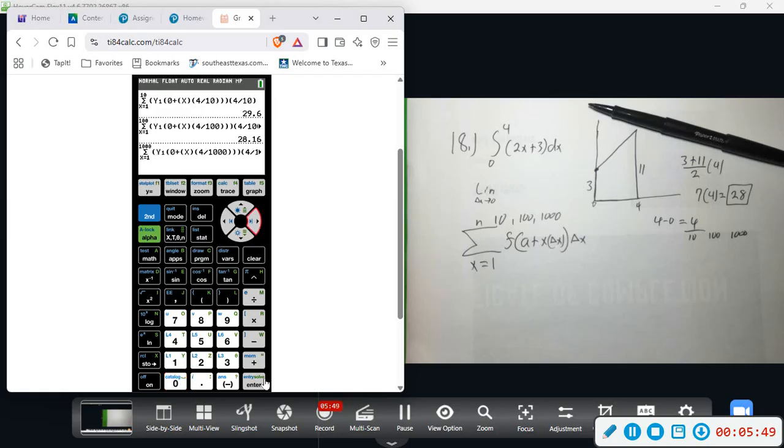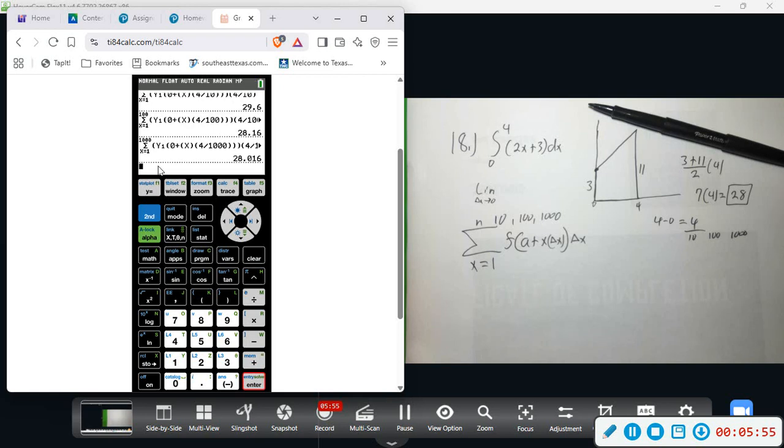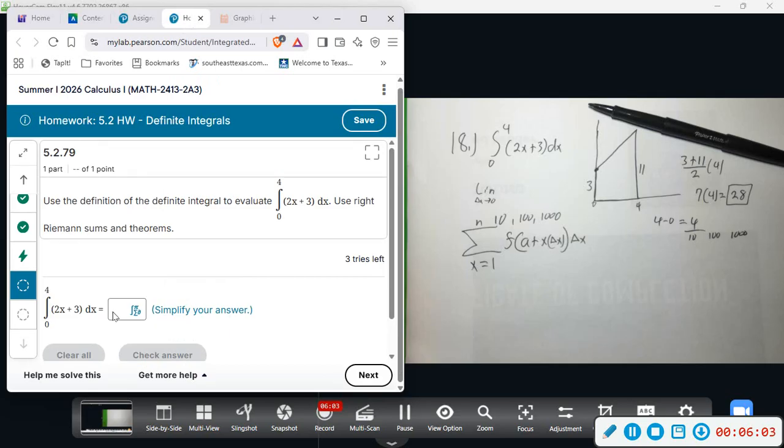All right, so we're going to compute this. And it's thinking, it's doing a lot. All right, so by the time we do 1,000, we can see that it's really close to 28.01. So when we round this answer, it looks like 28 would be our integral.